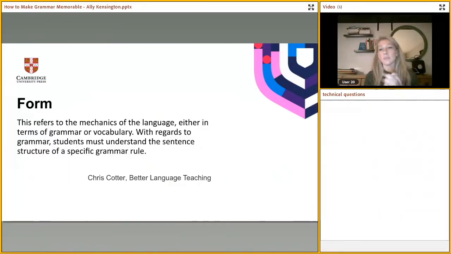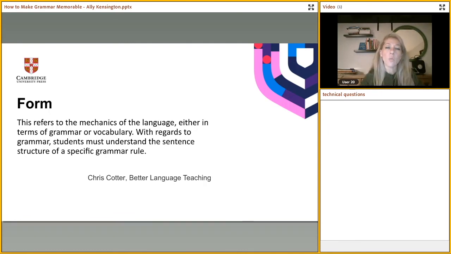Okay, now we're going to be talking about form. We said meaning and form. Form is one of the most important things when it comes to grammar. This refers to the mechanism of the language, either in terms of grammar or vocabulary. With regards to grammar, students must understand the sentence structure of a specific grammar rule.